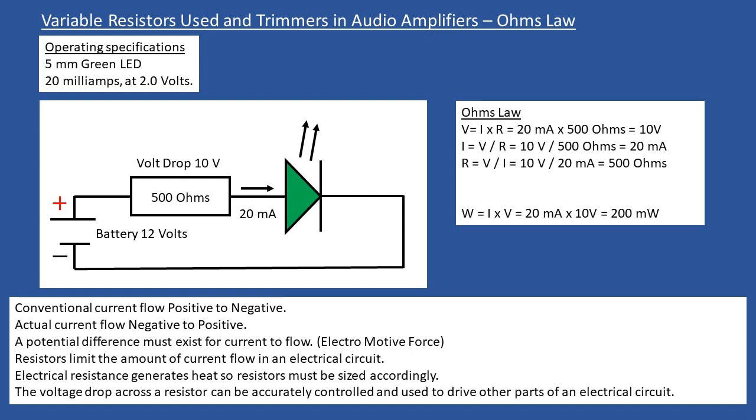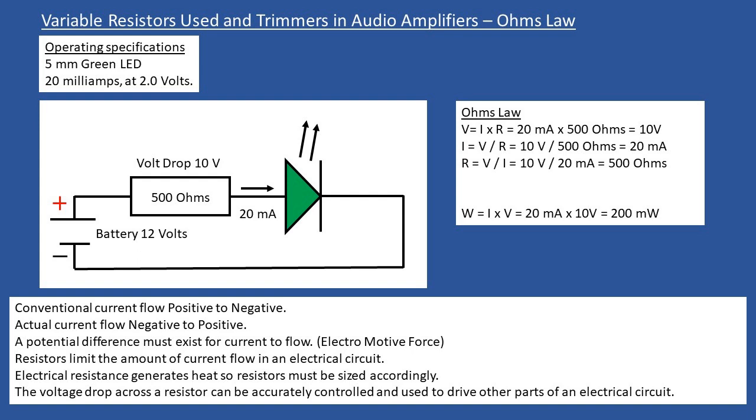So at 20 milliamps, if I measure across the 500 ohm resistor with my multimeter, I will read 10 volts, and that ensures that 2 volts are applied to the LED, and the LED will then illuminate.